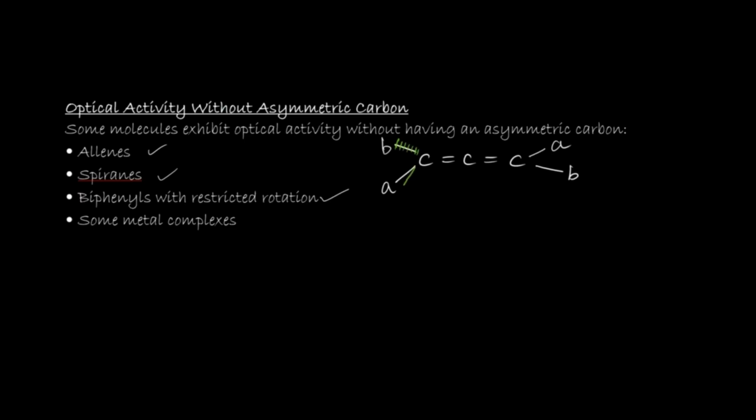In the 3-dimensional way, I should write it like this. Imagine this carbon is perpendicular, towards you. This B is away from you, A is towards you, and these two are in the plane. It gives a different 3D arrangement. That's what the optical isomers are, right?